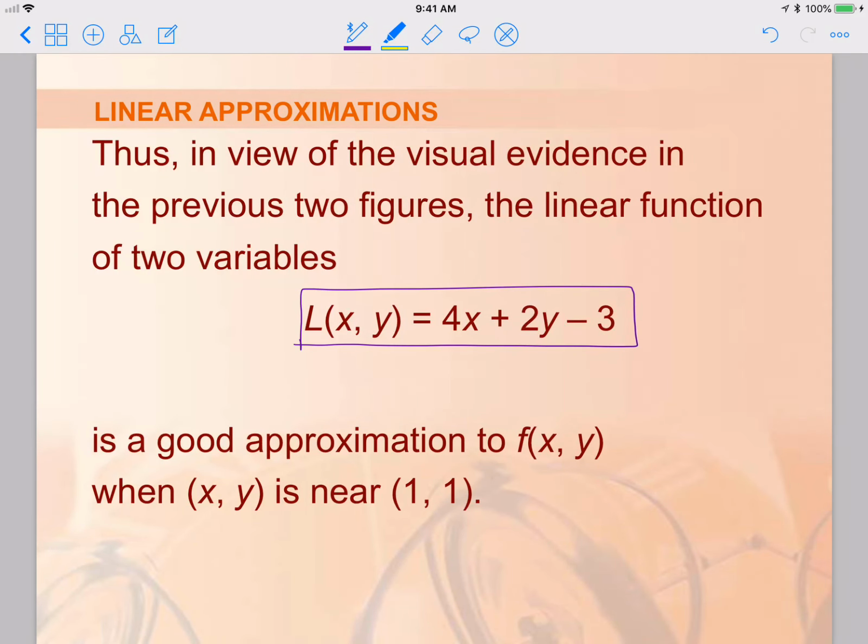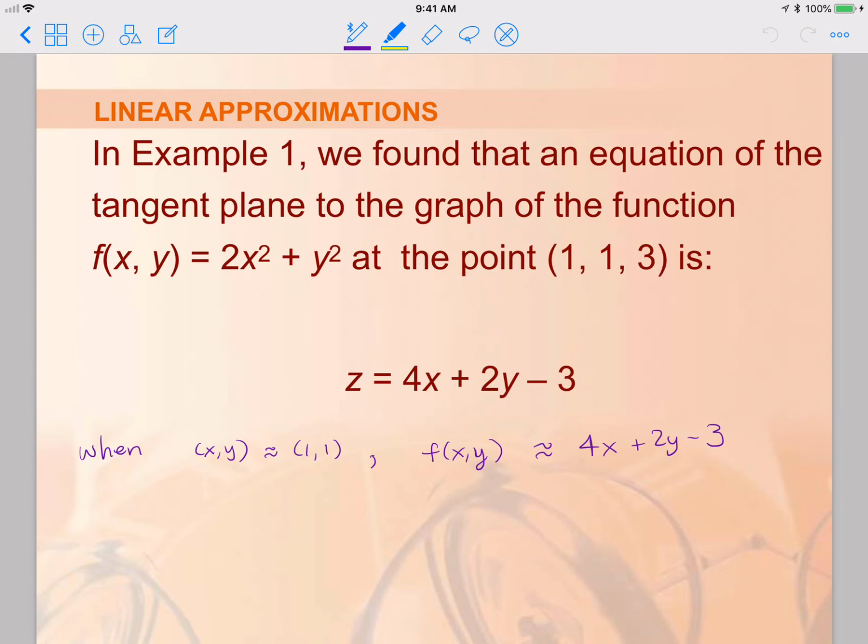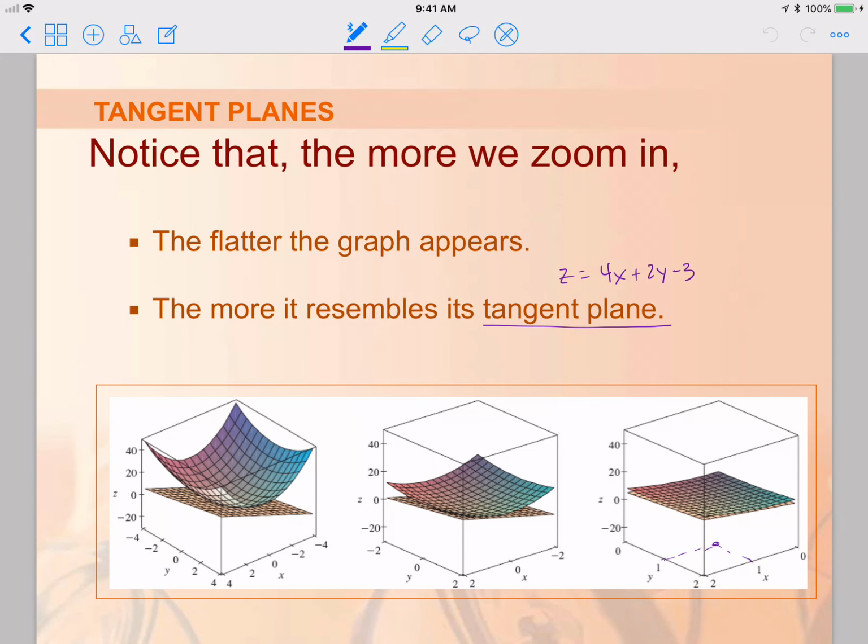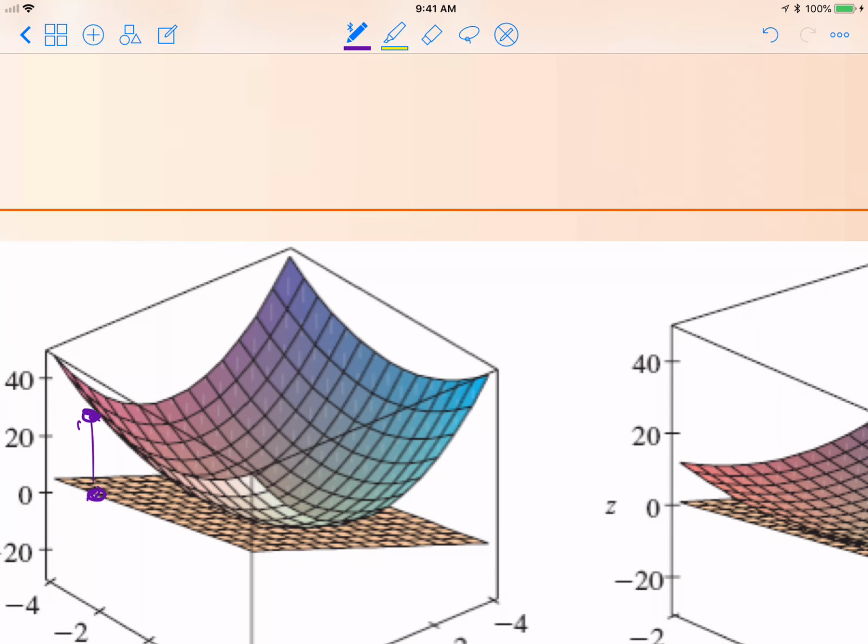This part is key: when (x, y) is near (1, 1). Because if your point (x, y) is far from (1, 1), then just looking at the graph, we no longer have a reason to suspect that the values are close to the values on the plane. You see that? That's not close at all, whereas if we are in here, then that's really close.